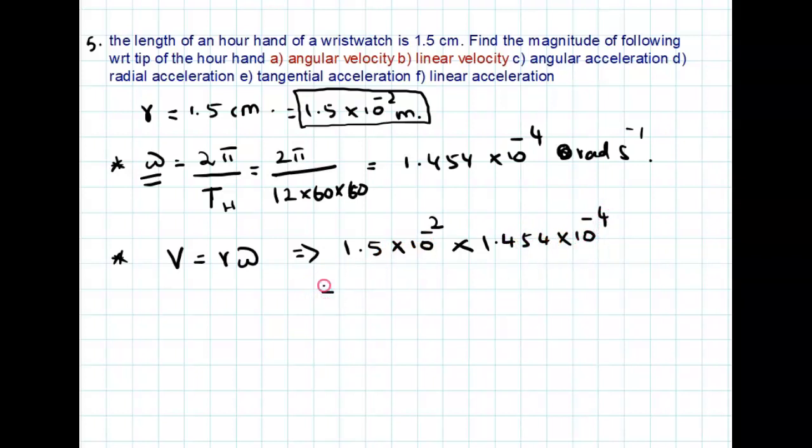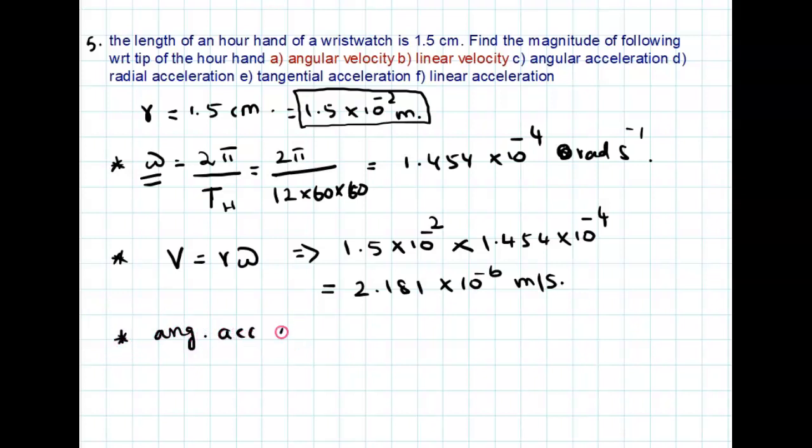So the answer is 2.181 times 10 to the power minus 6 meter per second. This is the linear velocity. Now we are going to find the angular acceleration.